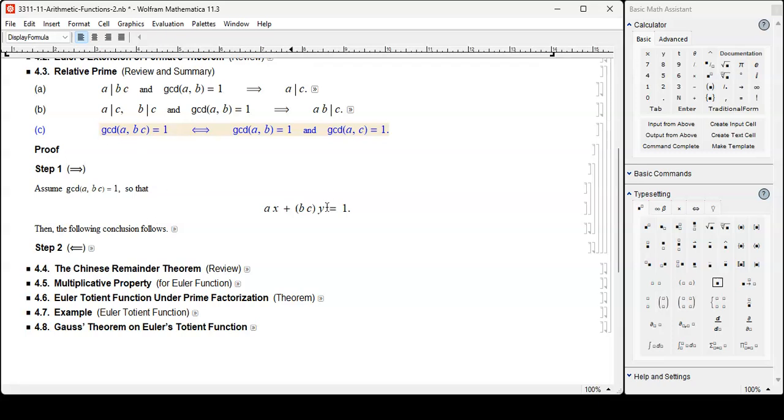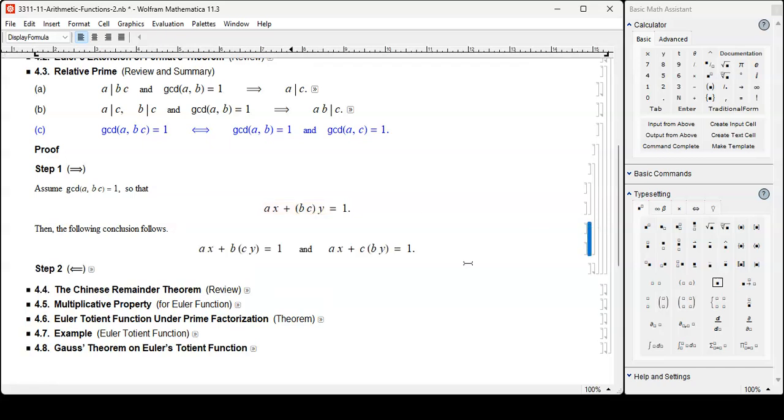And then we can just regroup: ax plus b times some integer is 1, or ax plus c times some integer is 1. This way we get the first GCD, and this way we get the second GCD. Both are coming directly from here, just rearranging the order of the multiplication.